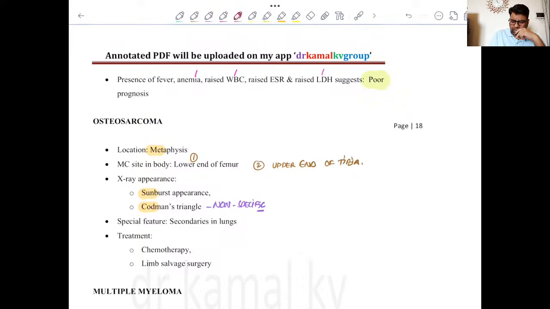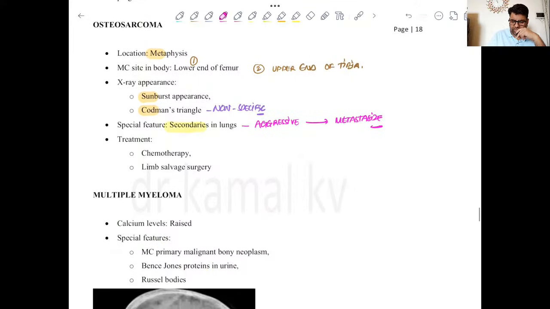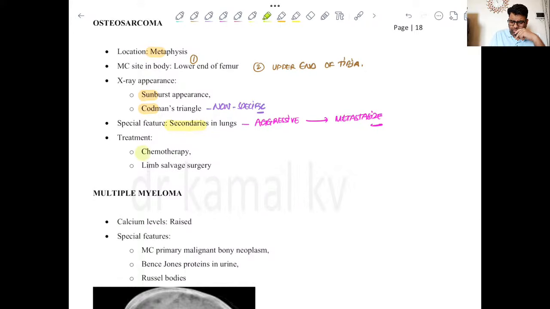And this is a very aggressive tumor, and therefore it will show secondaries in lung. So aggressive, it means it will metastasize. Clear? And the patient might present to us with hemoptysis. Treatment, we can start chemotherapy or limb salvage surgery, but the prognosis is very poor. Patients usually do not survive.